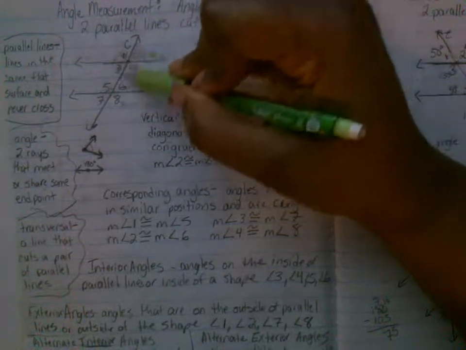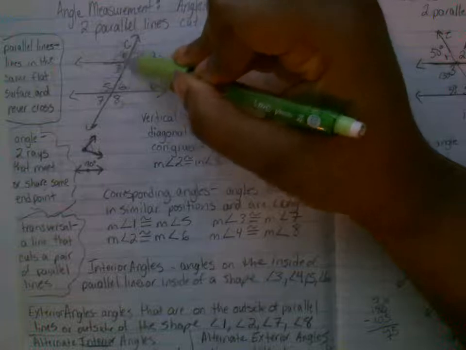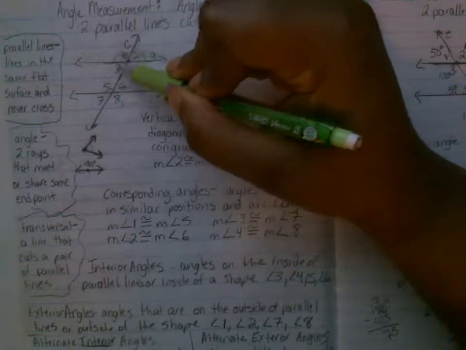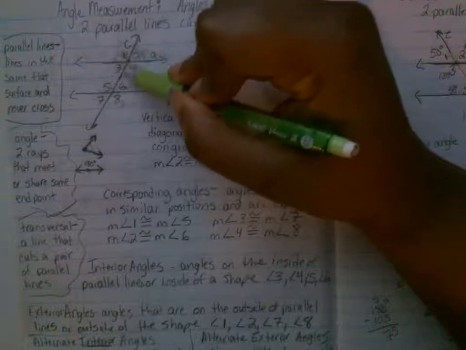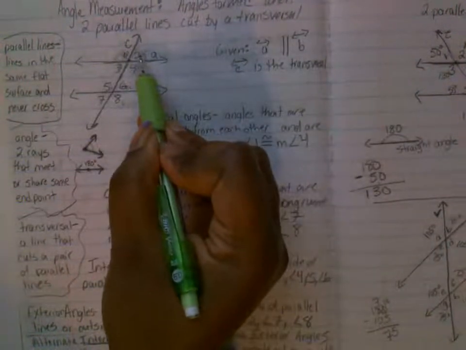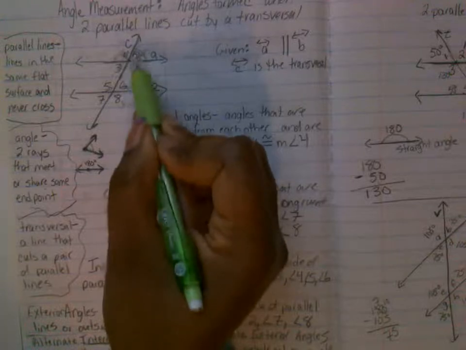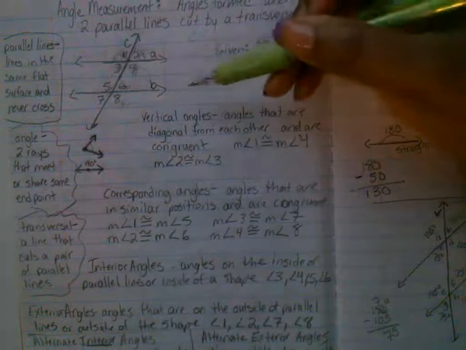It's a sideways straight line, but it's still a straight line. 1 and 3 are supplementary. I add them together, they add up to 180, they form a straight line. On this side, 2 and 4 form a straight line. They are supplementary angles. Questions about that?